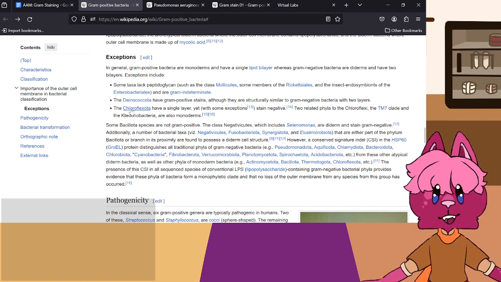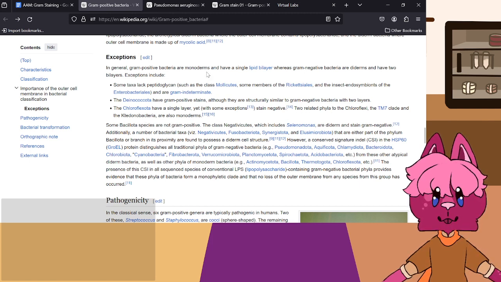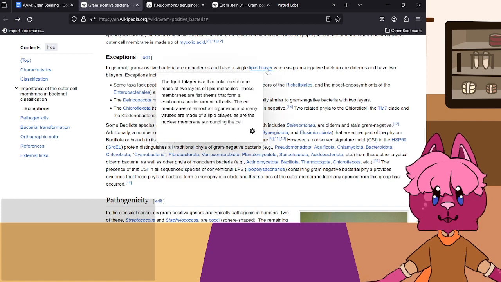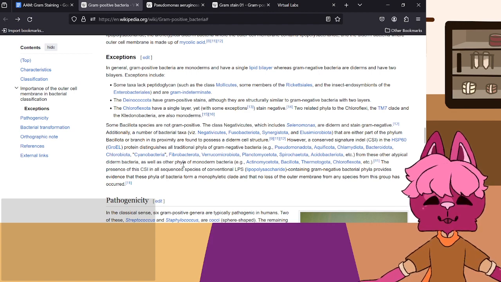The Chloroflexota have a single layer, yet with some exceptions, stain negative. 2 related phyla are also monoderms. So what a monoderm is, it has a single lipid bilayer. And then gram-negatives are diderms, which means they have 2. Di means 2, mono means 1.